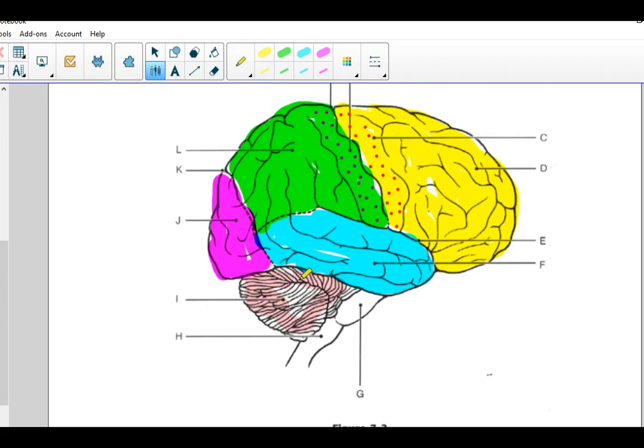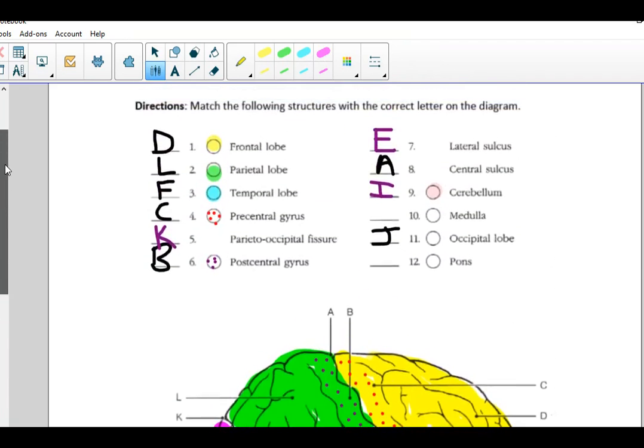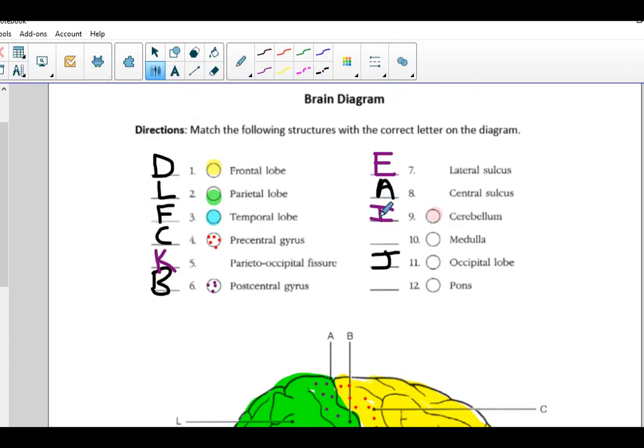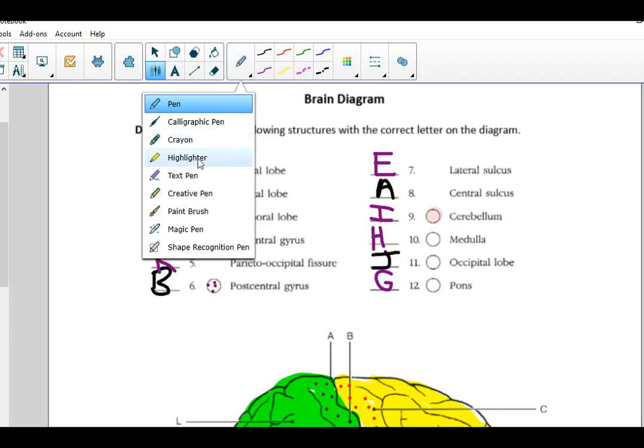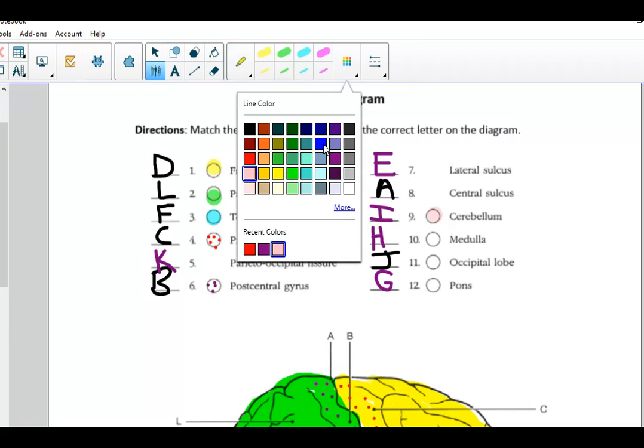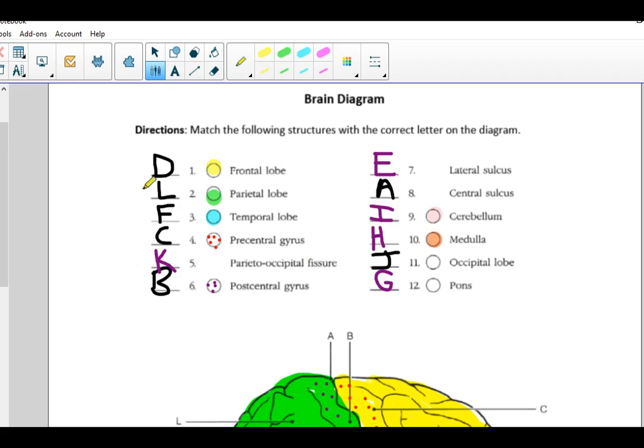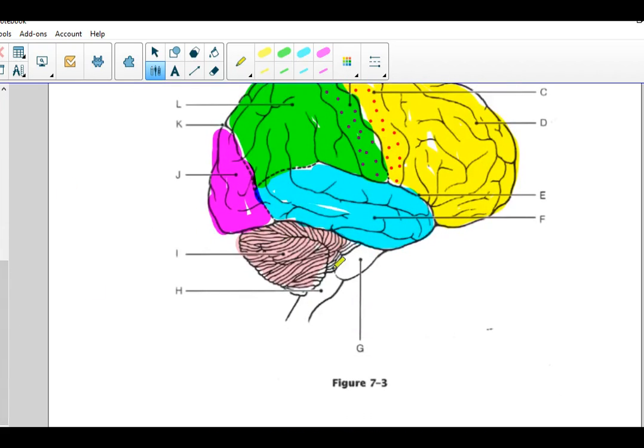The other two structures we have left to identify are parts of the brainstem. We have to identify the medulla and the pons. The medulla is letter H, and the pons is letter G. We can do the medulla first. Do an orange color or peach color, and that is the lower part of the brainstem right there.